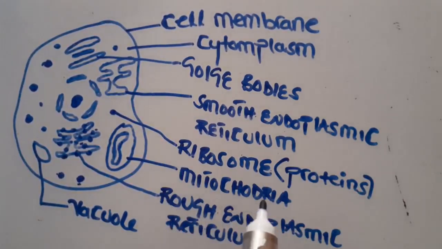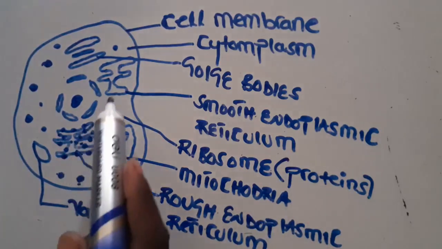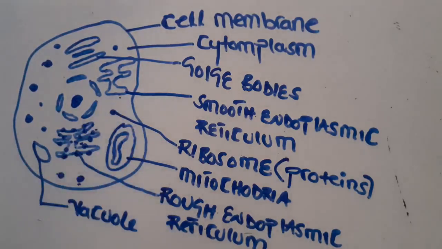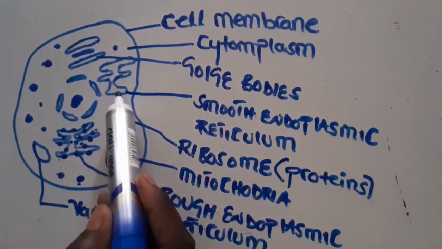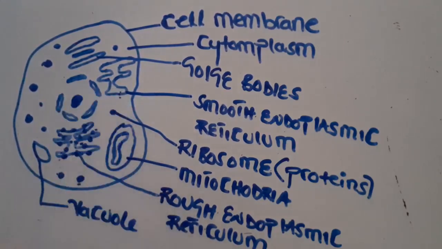Okay, proteins. And this brings me to these two similar parts, which we are calling the endoplasmic reticulum. On this one, which is the rough endoplasmic reticulum, there are some ribosomes. On the smooth endoplasmic reticulum, there are no ribosomes.